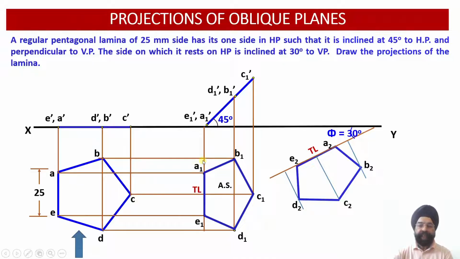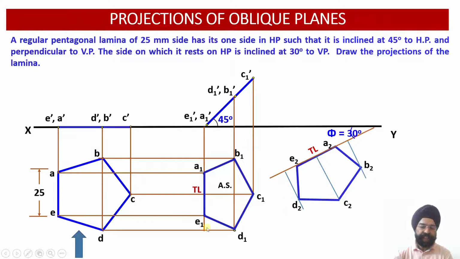Please see step number 1; even though I have not marked it, I will tell you, please check. This is point 1, this is point 2, this is point 3, this is point 4, and this is point 5. So you can mark 5 dots over here. First dot, second dot, third dot, fourth dot, and fifth dot.